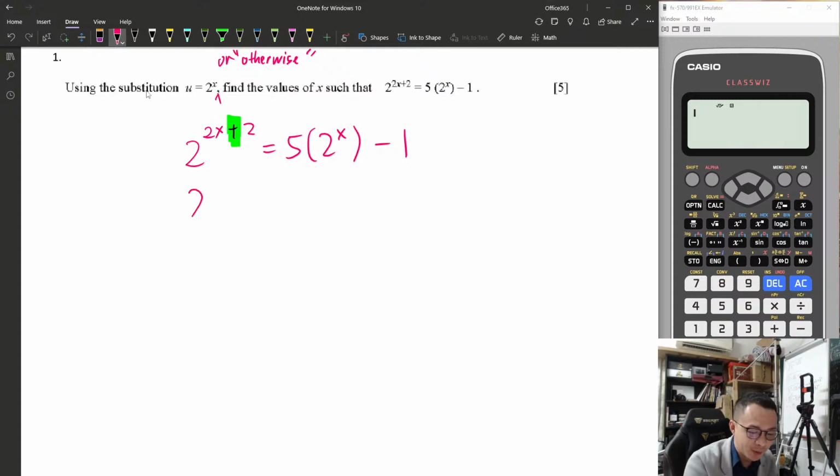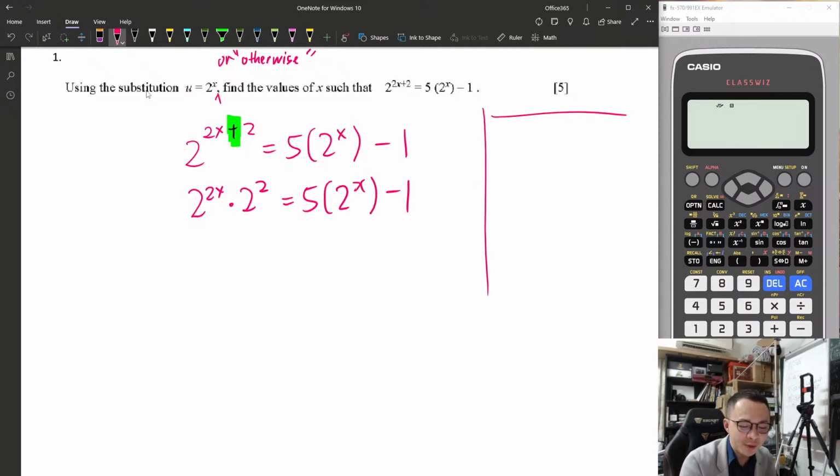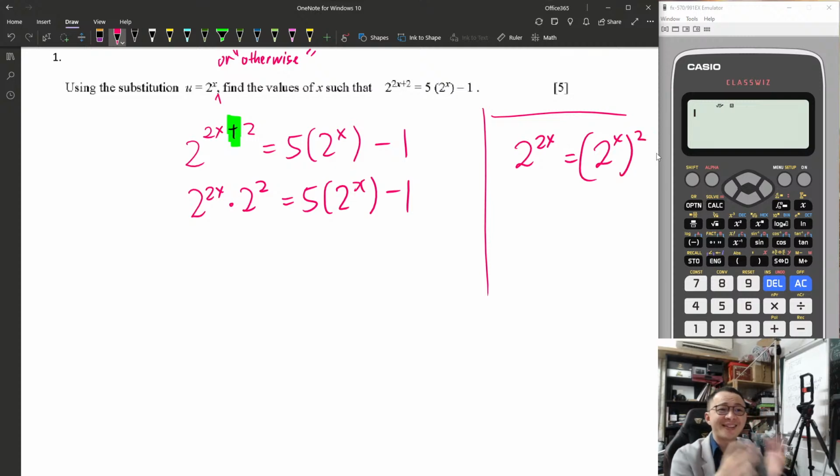So this is 2 power of 2x multiply 2 power of 2 equals 5 times 2 power of x minus 1. Over here, I want you to understand that 2 power of 2x is the same meaning as 2 power of x, then 2, because 2 multiply x and x multiply 2 are the same thing.